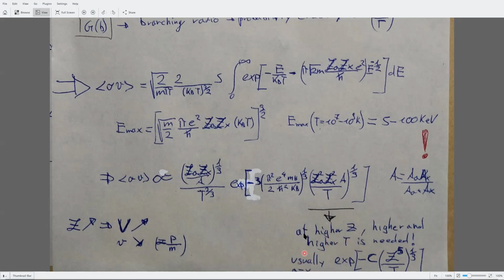Usually, since the two particles are equal, you can put them together, and here this Z is Z to the fourth.